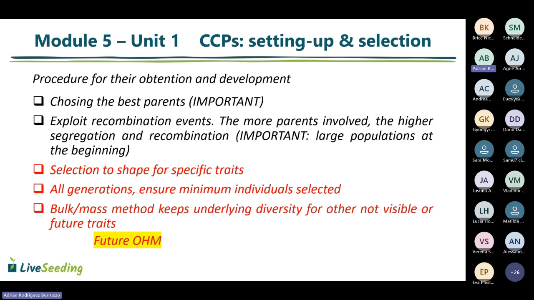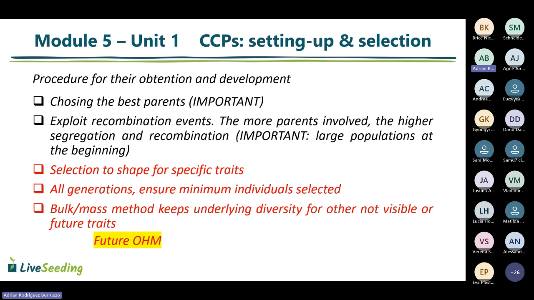Another important point: at the beginning, when you start with the first selection generations, work with populations as large as possible. Why? Because the larger these populations, the more recombinant events you will see, and the more opportunities you will have to identify good individuals.